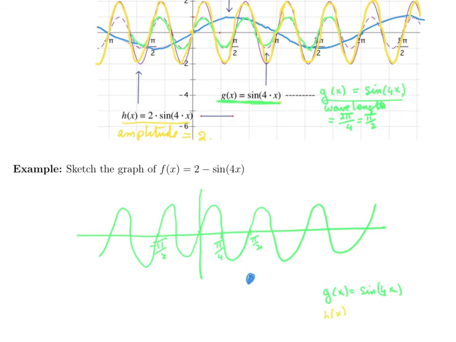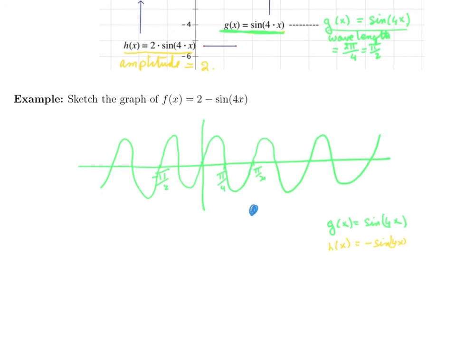Let's call the new function h of x equals minus sine 4x. Well, remember, if I multiply the whole thing by a minus, it gets reflected in the x-axis. So this is, if you like, the opposite wave. Okay, it's not the greatest drawing ever, but it's something.